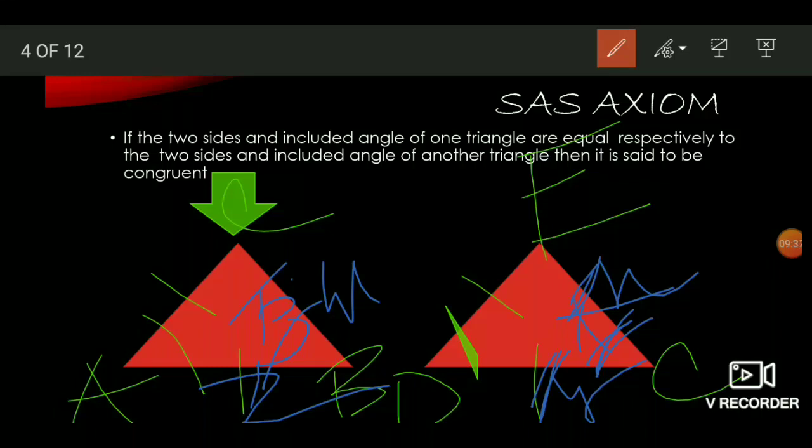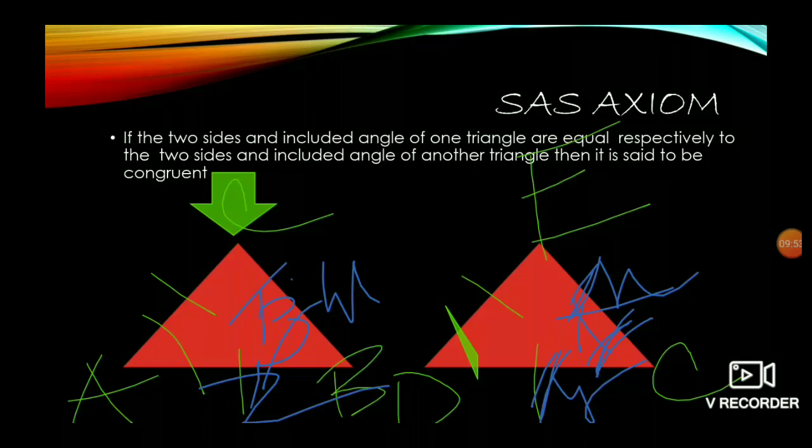In triangle ABC, if we take BC and AB, then the included angle will be angle B.